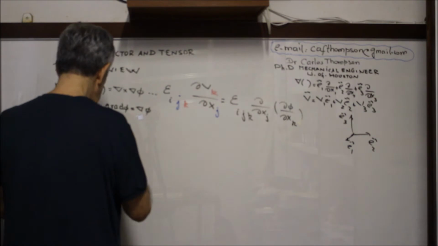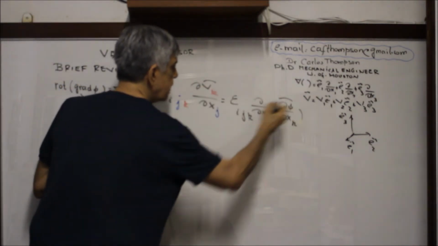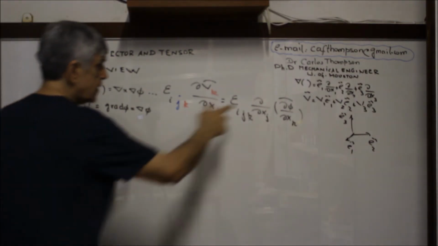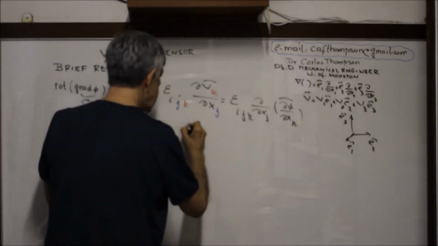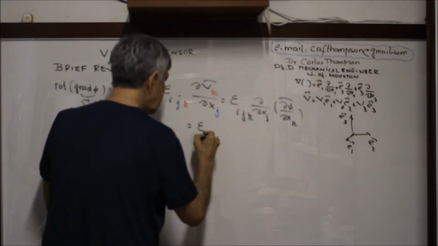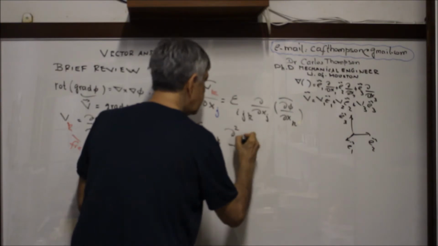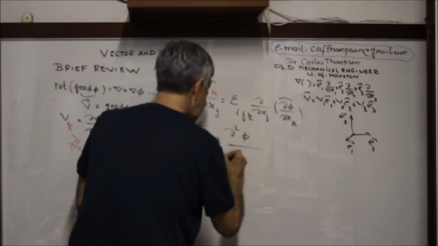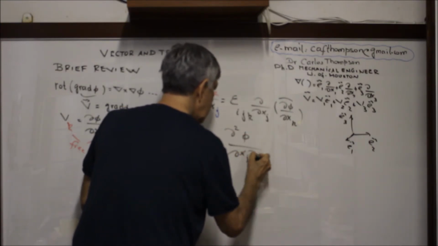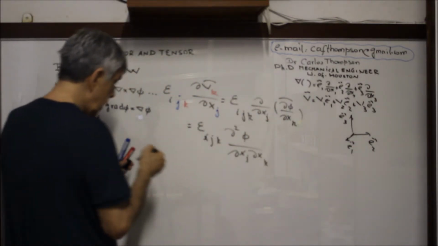Look here, this is vk. Now, this is a second derivative. So this is equal to epsilon ijk times the second derivative of phi with respect to xj, xk.